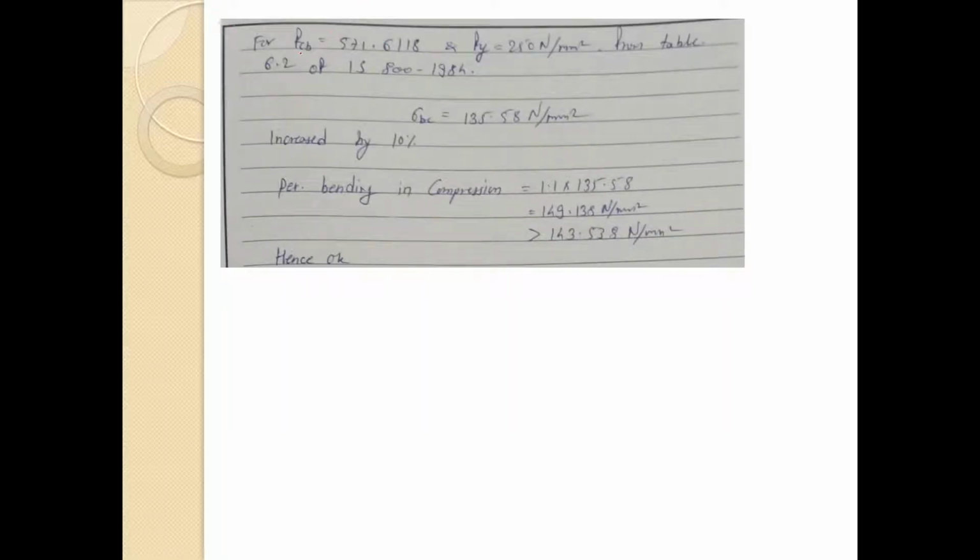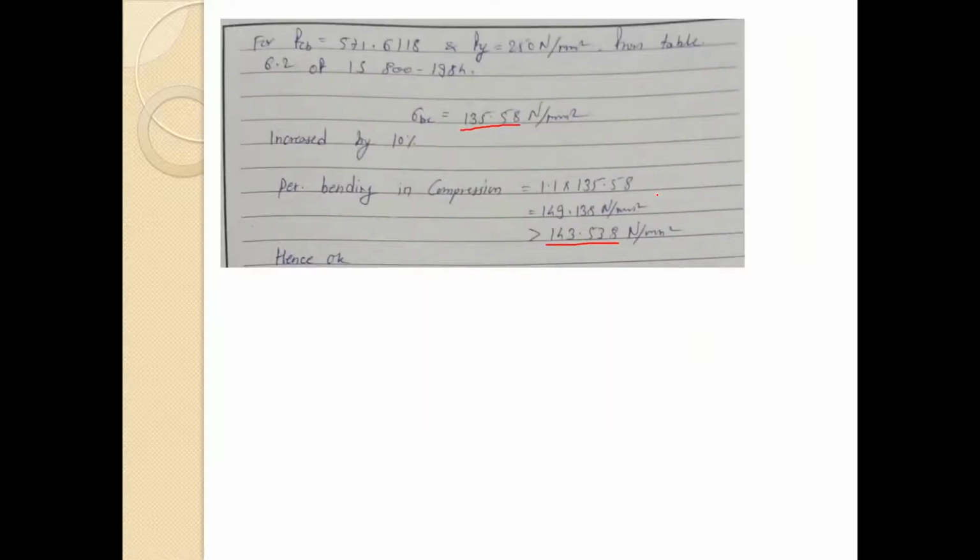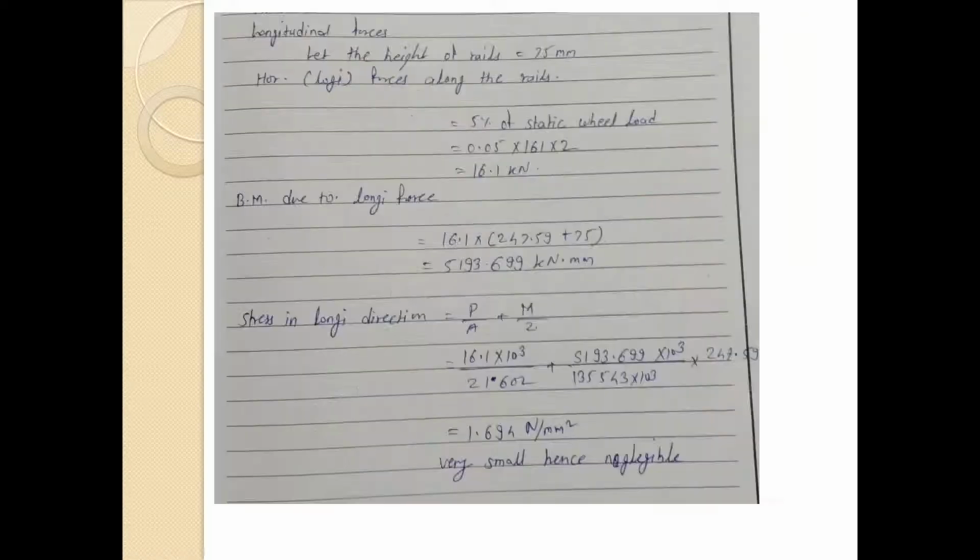So by interpolating, we are getting this F sigma V as 135.58, which is again increased by 10%. So the permissible bending in compression is 1.1 into 135, that is 149.138. And we have the value that is 143.538, which is lesser, hence it is okay.